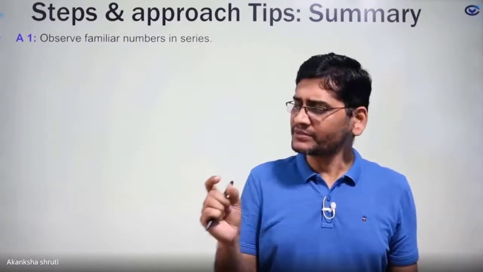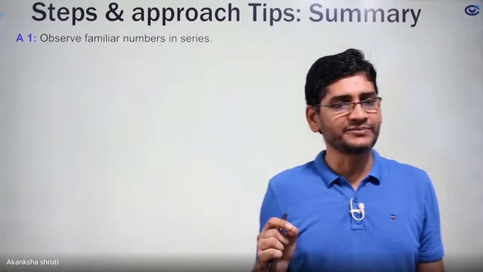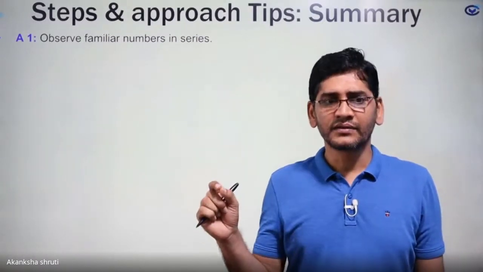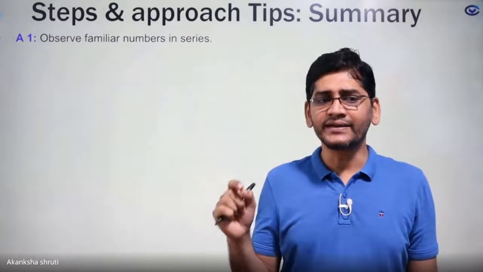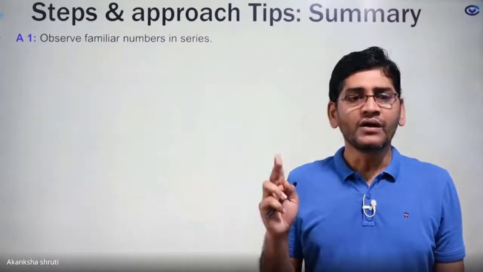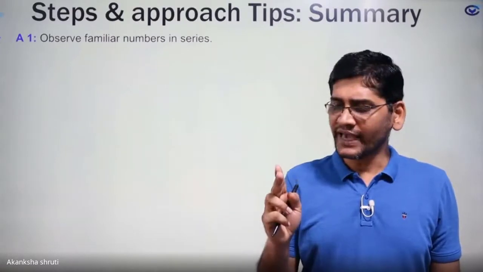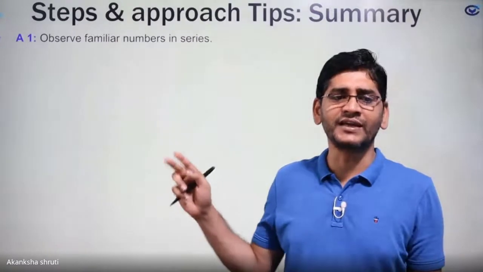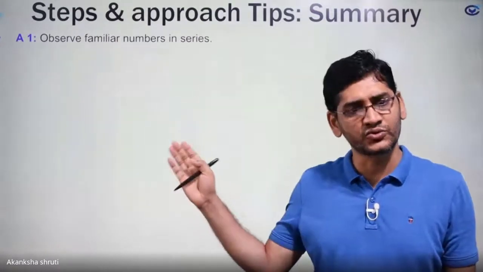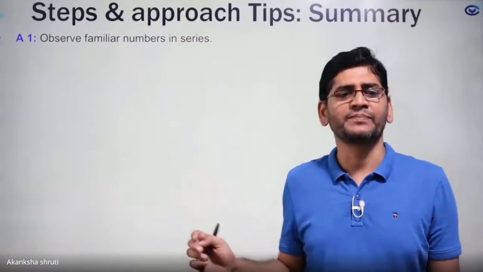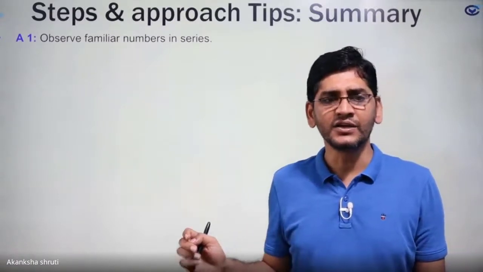Then observe the difference carefully, whether that difference is constant, increasing successively, or increasing progressively by multiplication. Also observe next whether the term itself is increasing fast or slowly, and accordingly choose the condition that I had explained just a few minutes back. Okay, students? So these are the things.